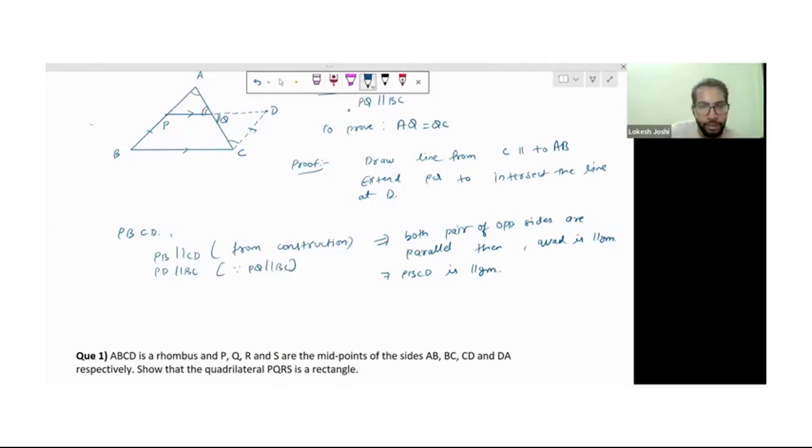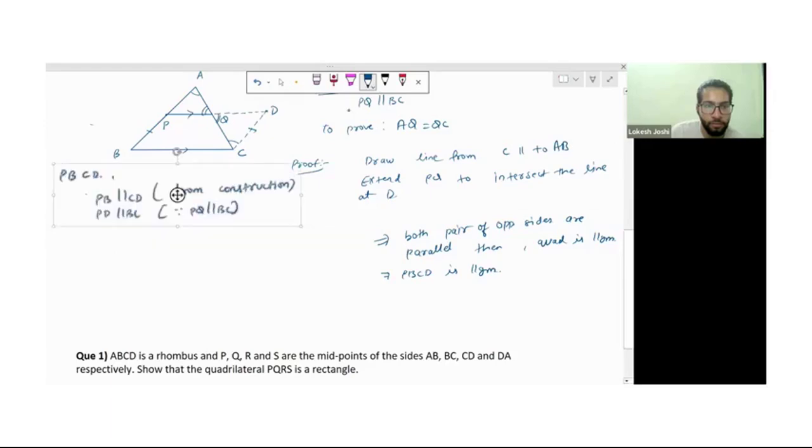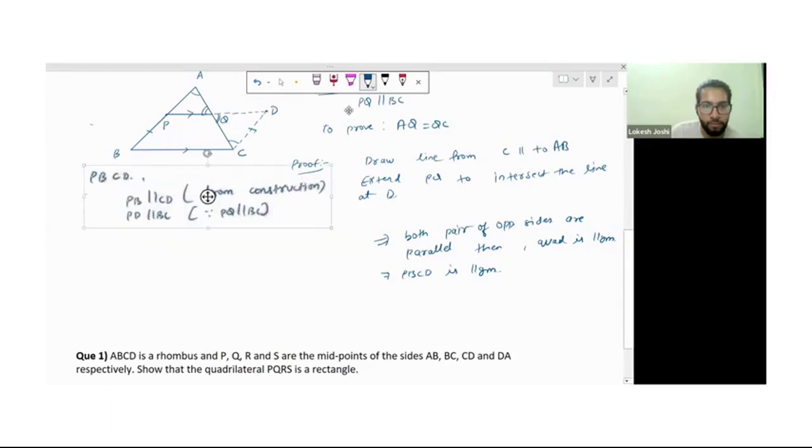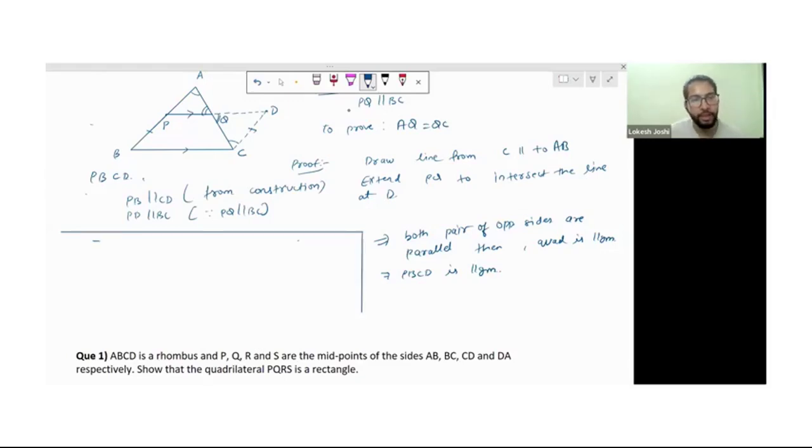Okay, so let me write this thing. Now I am proving the congruency in triangle APQ and triangle CDQ.